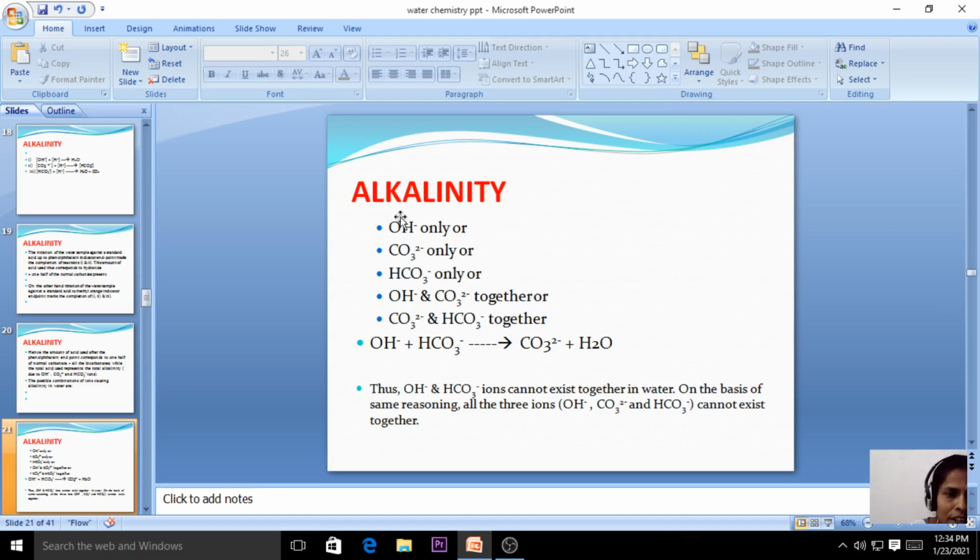So the OH minus bicarbonate combination is not possible due to this additional reaction. Thus OH minus and bicarbonate ions cannot exist together in the water sample. On the same reasoning, all three ions also cannot exist together. So this combination is not possible, and the all-three-ions combination is also not possible in the water sample.